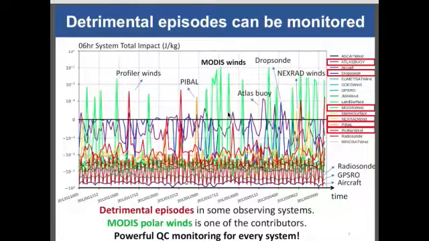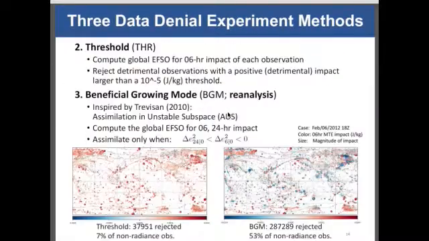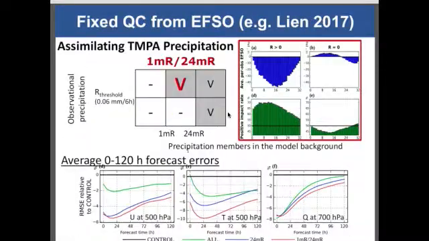But also Lien's. Oh, yeah, sure. This is kind of complicated, but why don't you explain? Oh, sure.